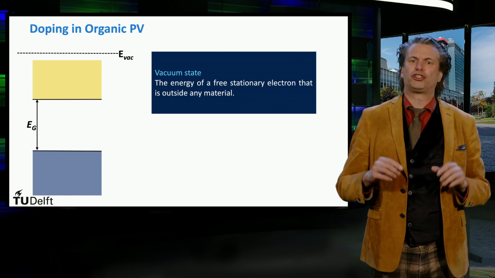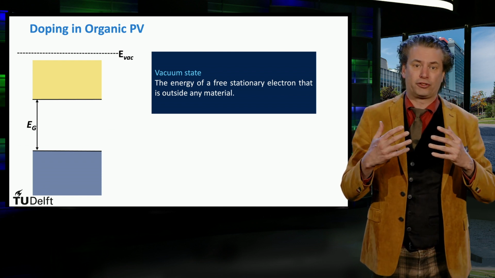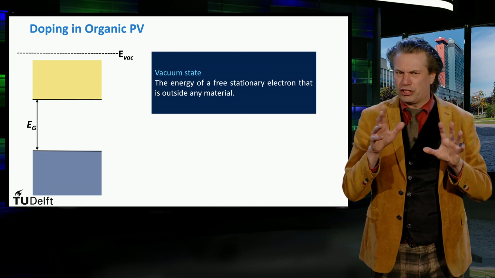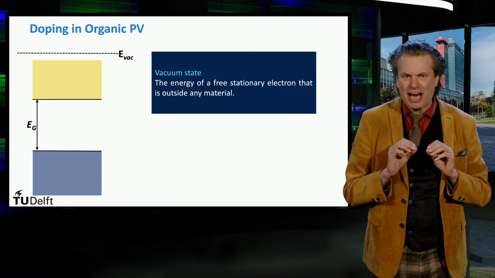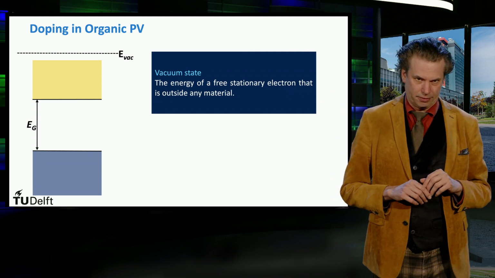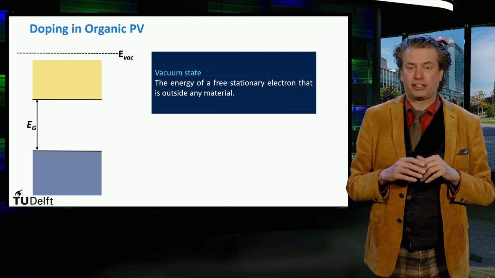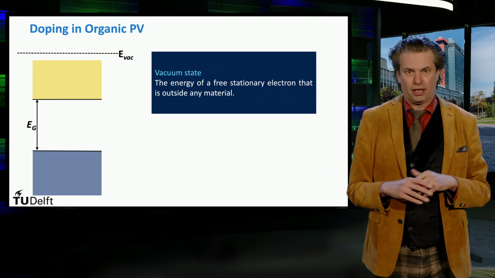This is due to a certain energy barrier that prevents the free diffusion of electrons into the free space. The vacuum level can be visualized as this energy barrier, making it the minimum energy possessed by an electron present outside the material. It can thus be defined as the energy of a free stationary electron that is outside any material.